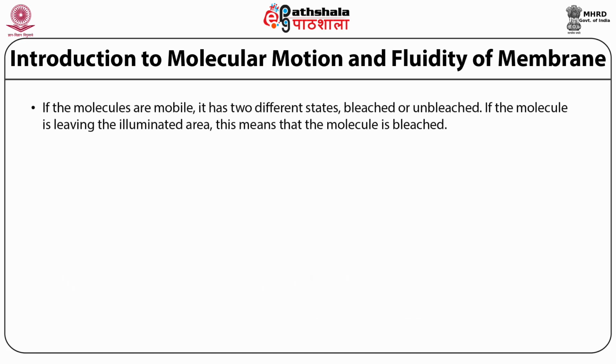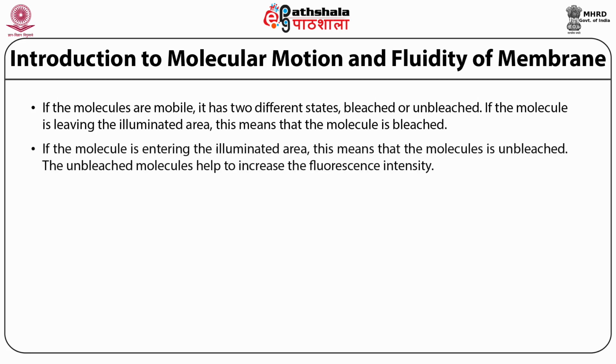So if a molecule is mobile, it has two different states, bleached and unbleached. If molecules are leaving the illuminated area, this means the molecule is bleached. If a molecule is entering the illuminated area, this means that the molecule is unbleached. The unbleached molecules help to increase the fluorescence intensity.